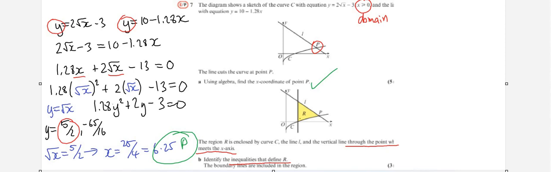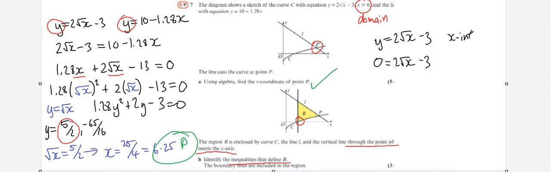So if it goes to that point where C intersects the x-axis, that means I need to find the x-intercept of C. So C is y equals 2 root x minus 3. Well, the x-intercept is simply where y equals 0, because that's what defines the x-axis.